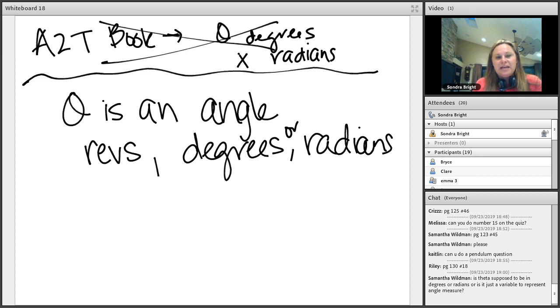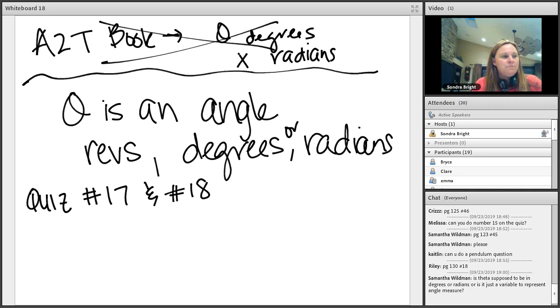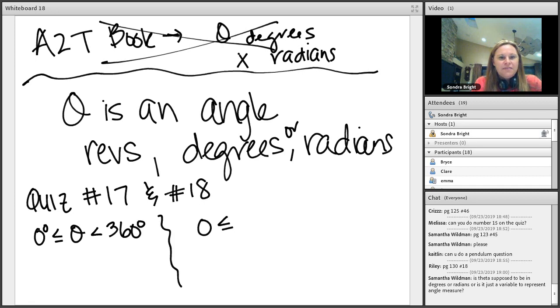It is just an angle measure, and what we'll say to you is if we want an answer, so like on the quiz on numbers 17 and 18, we let you know which mode you should be putting in your calculator, because 17 says theta is between 0 degrees and 360 degrees, versus number 18, it says theta is between 0 and 2 pi.